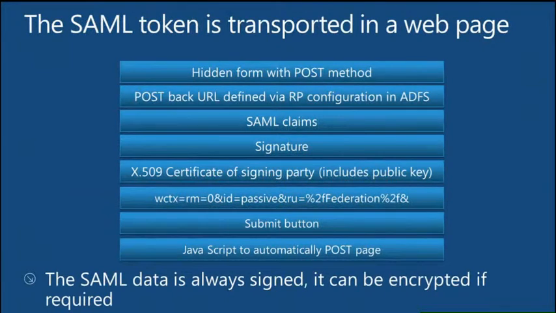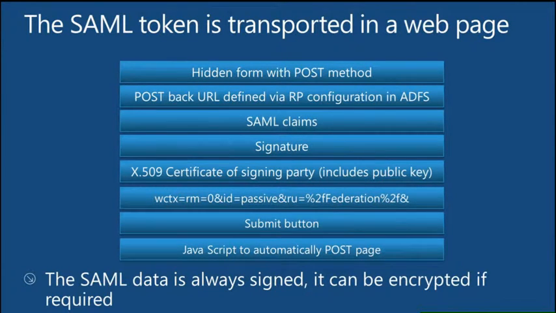The other thing is, it's all based on redirects, except when the token's coming back. And that is then based on a post. And the post is in a hidden form. It's a hidden form with an automated JavaScript submit button on the bottom. And if you turn off JavaScript, you'll actually end up with a web page with a submit button on the bottom.